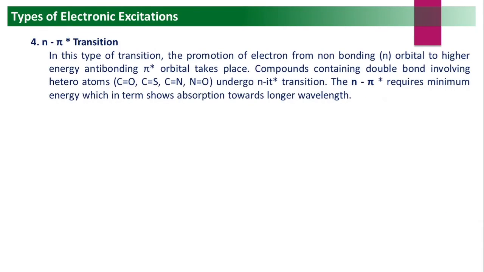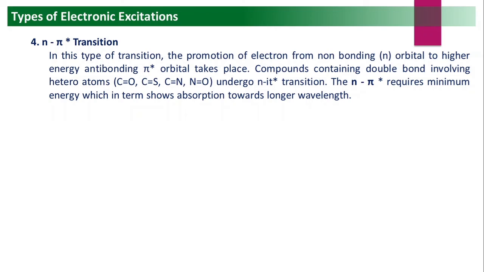The fourth transition is the n to pi star transition: non-bonding electrons to the anti-bonding pi orbital. In this type of transition, the promotion of electrons from the non-bonding n electrons to the higher energy anti-bonding pi star orbital takes place.